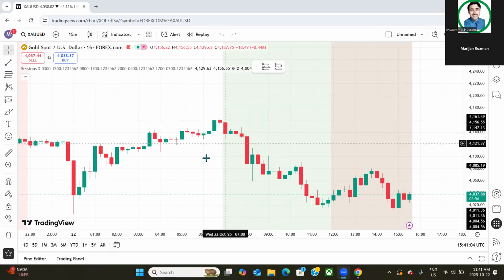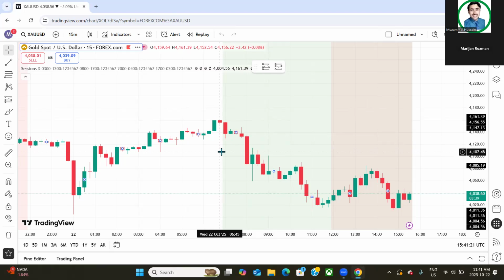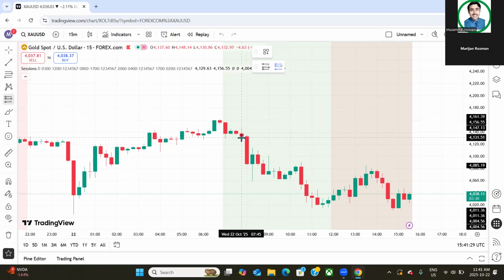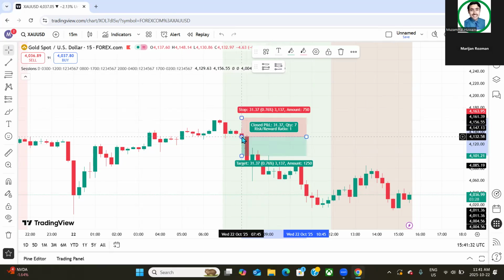Yes. Okay, so starting at 7 o'clock, it's going to be over here, on the second candle on the bottom, red. Right. So that goes short position. Okay, short position.